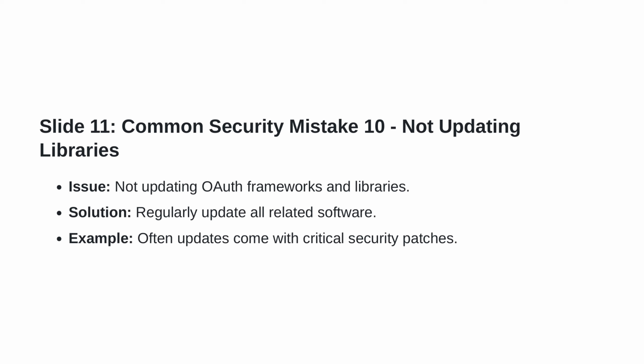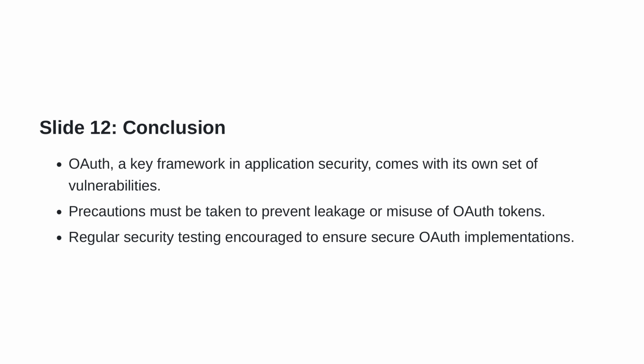You need to regularly update all related software, libraries, and OAuth frameworks to ensure the increased security of your applications. The importance of this cannot be overstated, especially considering that frequent updates can be key defenders against different types of cybersecurity threats.